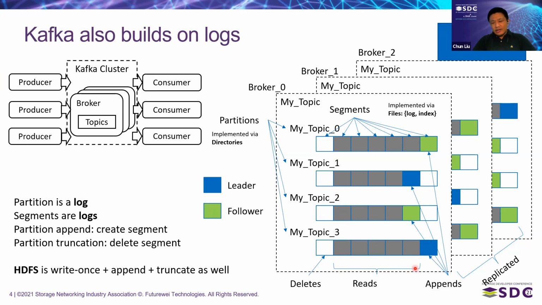We can also see here that a partition is a log organized into segments, which are also logs. When we append to the partition, we create segments and append to the segments. When we truncate a partition, we delete the oldest segment. Also, HDFS is write once with append and truncate capabilities, which looks very much log-alike.